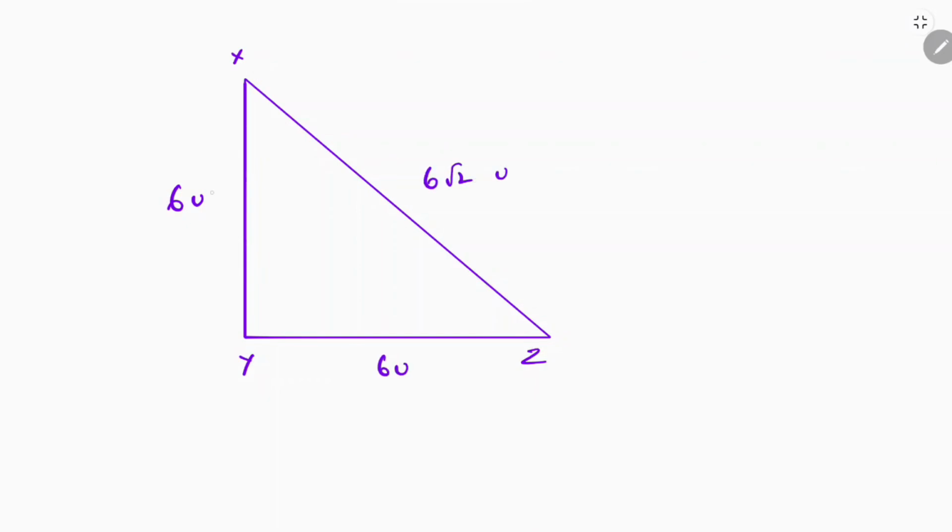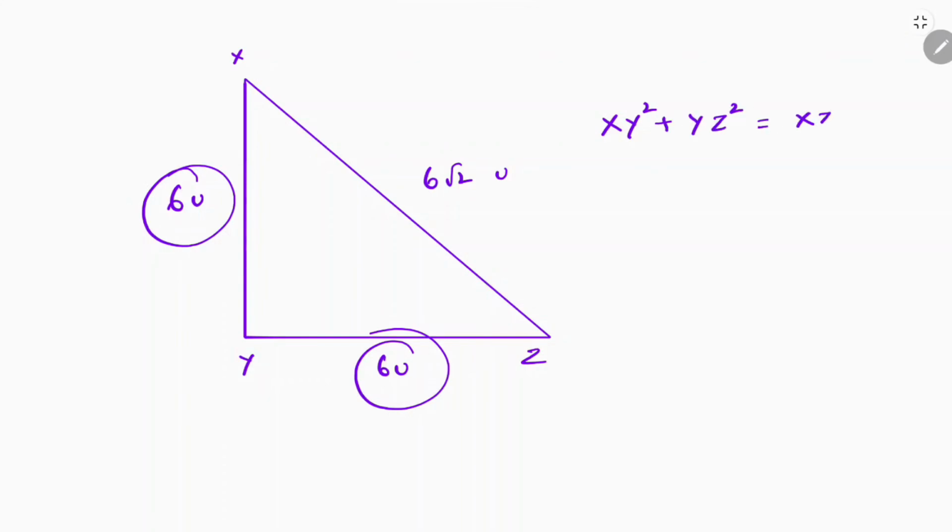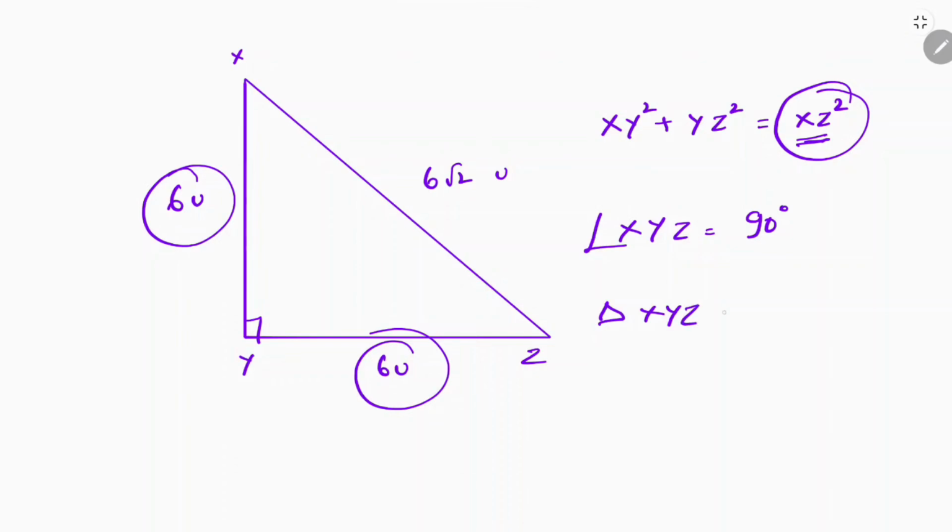Now, if the sum of the squares of two sides, that is XY square plus YZ square, is equal to the square of the third side, then the angle opposite to the third side is 90. So clearly here angle XYZ is 90 degrees. So triangle XYZ is a right angle triangle.